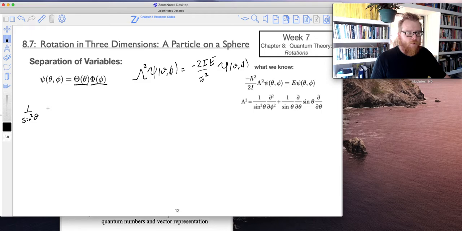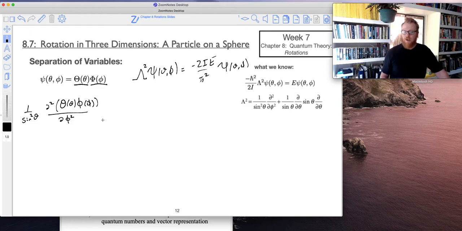Okay, so I'm going to write the partial squared of theta and phi of phi. And this is only the partial derivative in phi. Okay, right? So psi is theta, phi, phi.